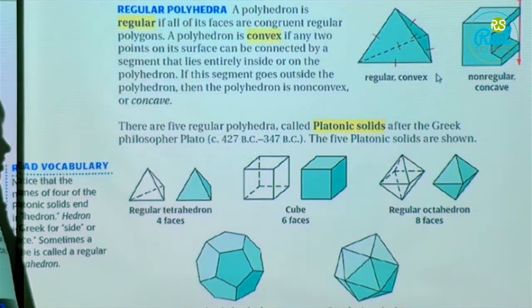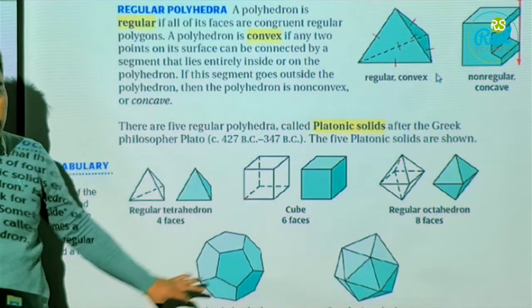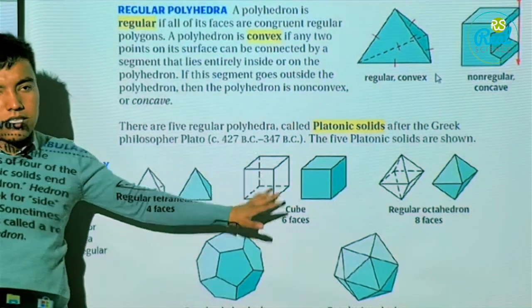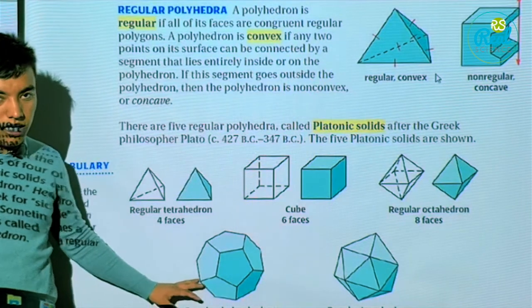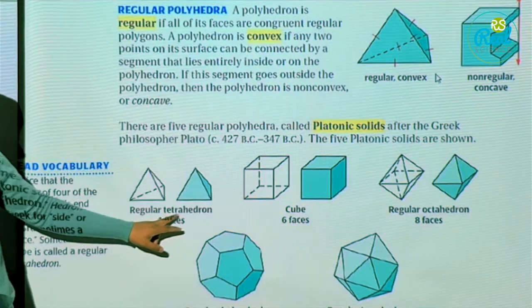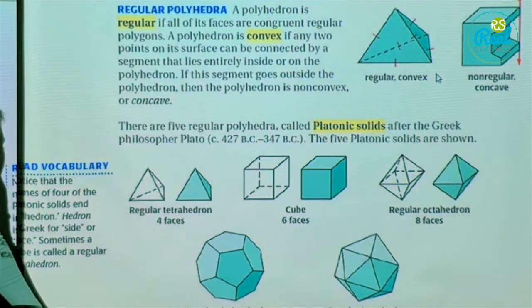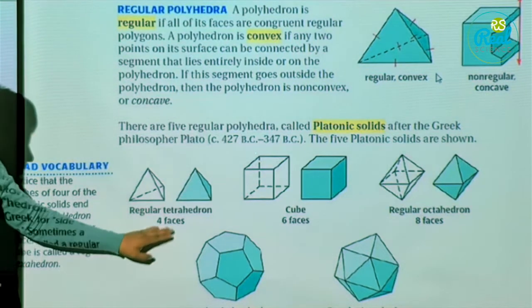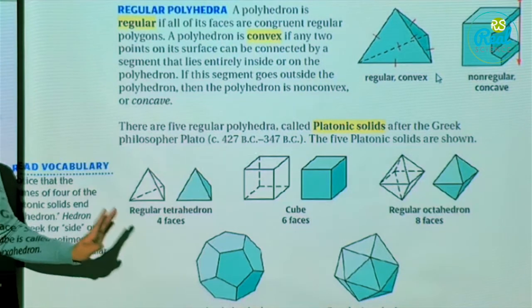And Platonic solids, actually, because Plato gave the name of these figures. These are solids which are learned in 3D geometry. Okay? These are names of all of this. Regular tetrahedron, 4 faces. Tetrahedron means 4 faces. Tetra, it's from the Greek language. Tetra means 4.